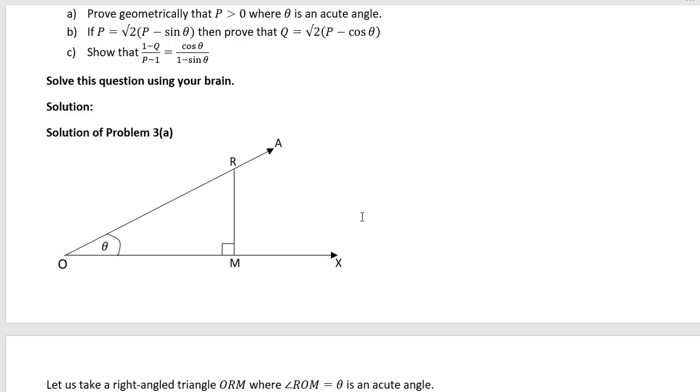And now for acute angle theta, we have to prove that sin theta plus cos theta is greater than 0. Now to start, you have to think where to start. Suppose that you have not solved this kind of problem in your entire life. So where to start now?